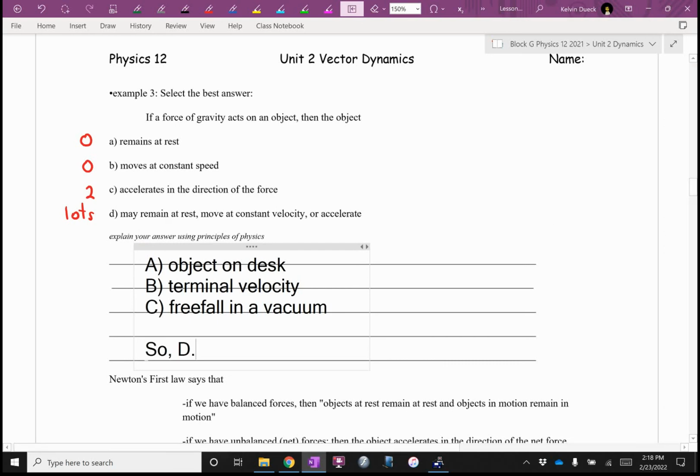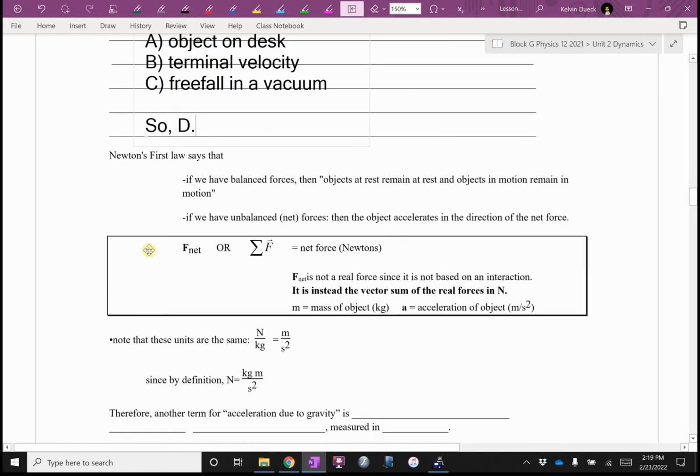The two of you that voted for C, did I convince you? Newton's first law says if we have balanced forces, objects at rest remain at rest, objects in motion remain in motion. If we have unbalanced forces, then there's an acceleration. If we have balanced forces, no acceleration. That means you're either going at a steady speed or you're at rest.